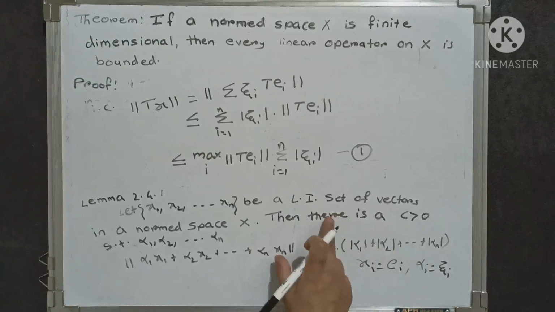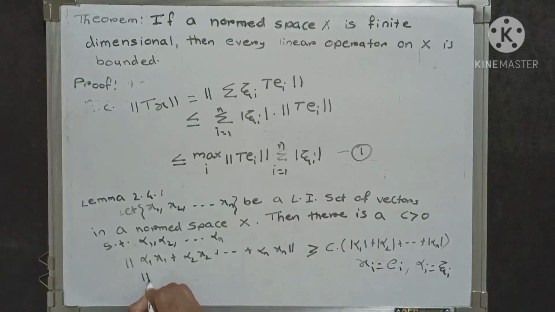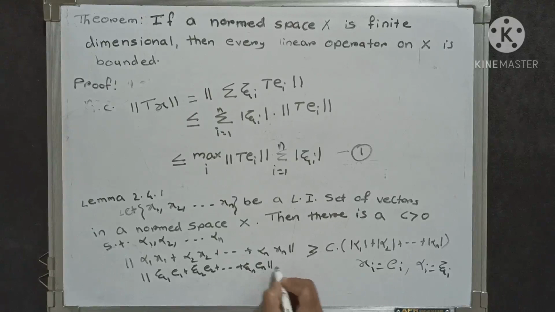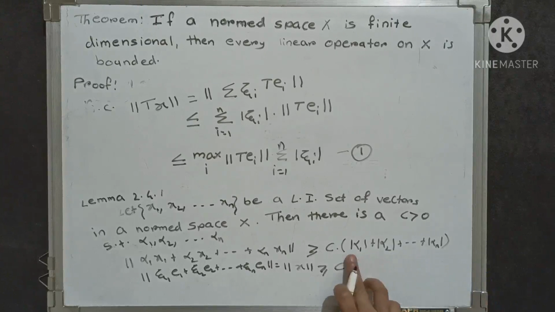We apply this lemma here and we get that the norm of xi1 e1 plus xi2 e2 up to plus xi n en, which is nothing but the norm of x, is greater than or equal to C times mod of xi1 plus mod of xi2 up to mod of xi n.